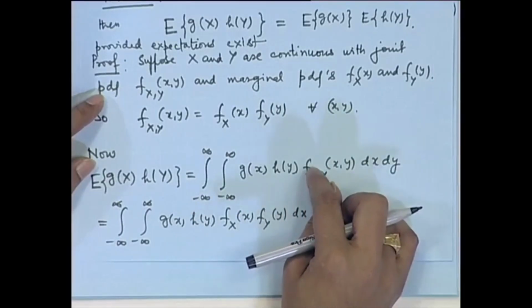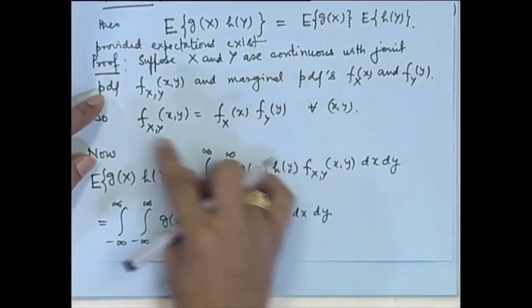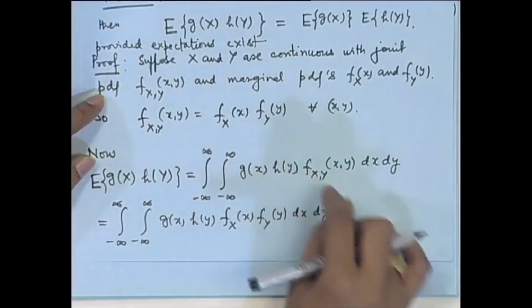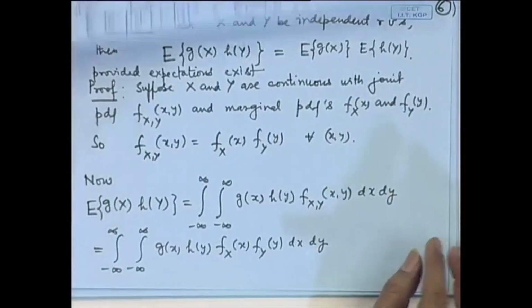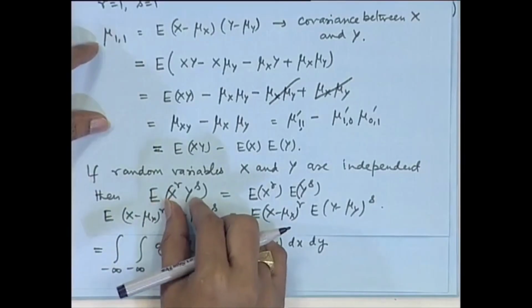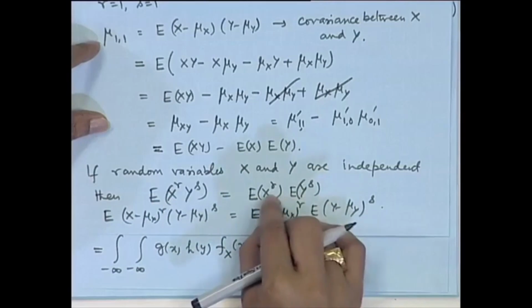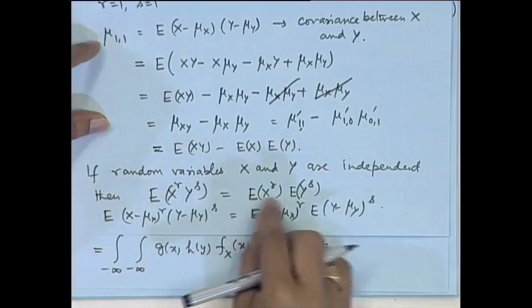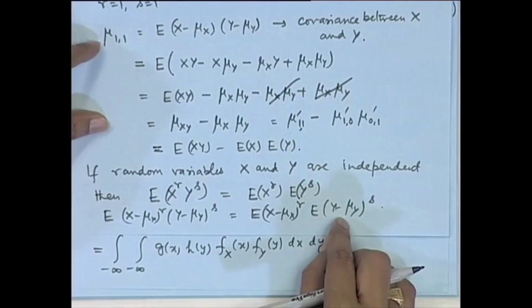The proof is a little bit involved in the case of mixed random variables, when one of them may be discrete or continuous, etcetera. So, in particular, if g x is x to the power r and h y is y to the power s, expectation of a product moment is equal to product of the individual moments, and this statement is valid for non-central as well as central moments.